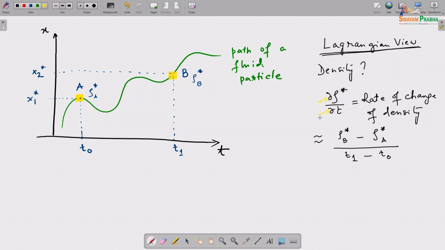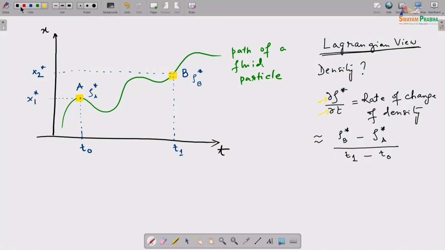So at this point, how is this going to be different if I take an Eulerian view, instead of following a particle, if I look at the domain as a whole? Then that is the Eulerian view, and in that case how will this definition change?